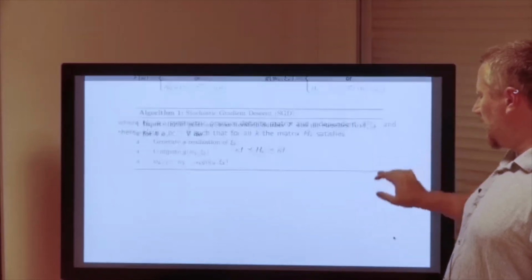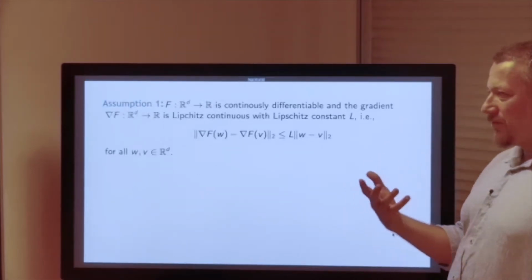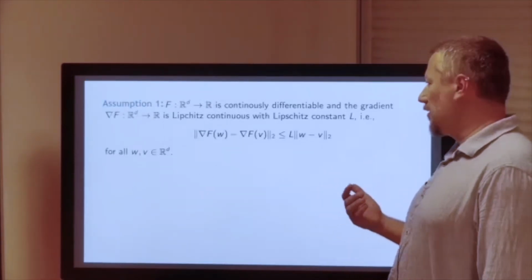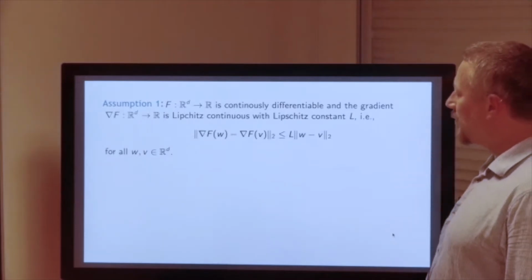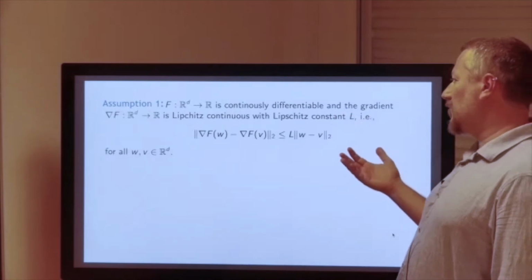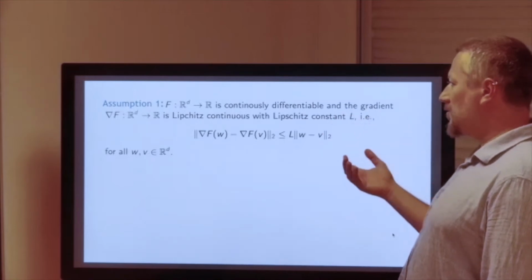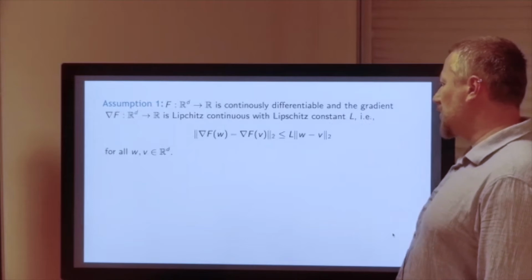And then let's see why our proof from before adapts very quickly to this new case. So our first assumption was that f is continuously differentiable, and the gradient of f is Lipschitz continuous.